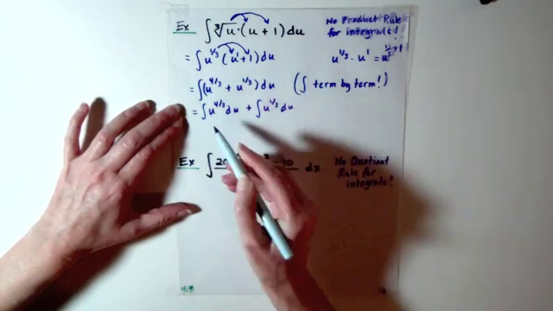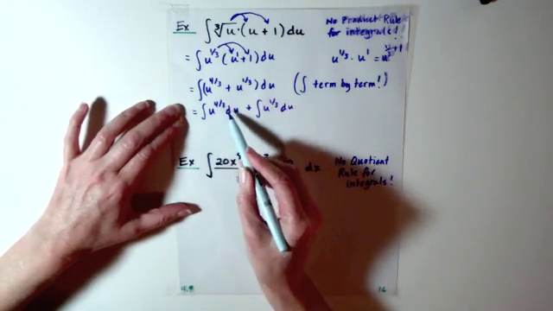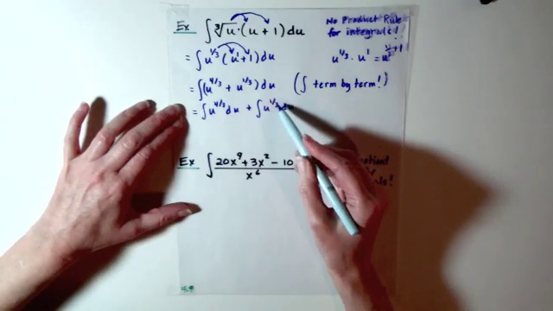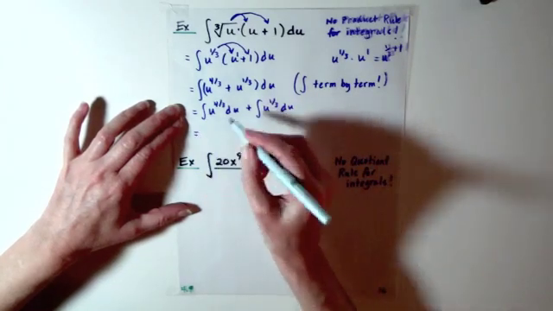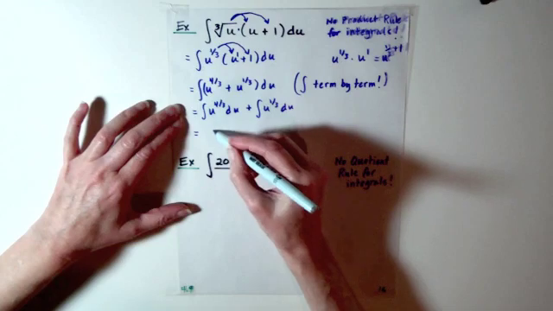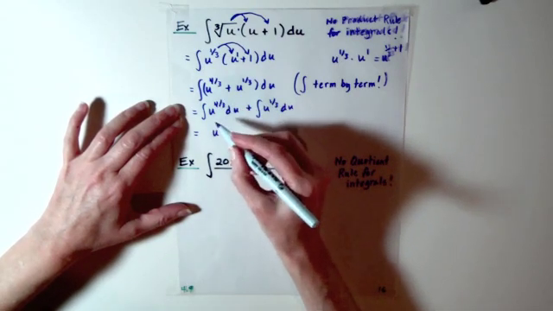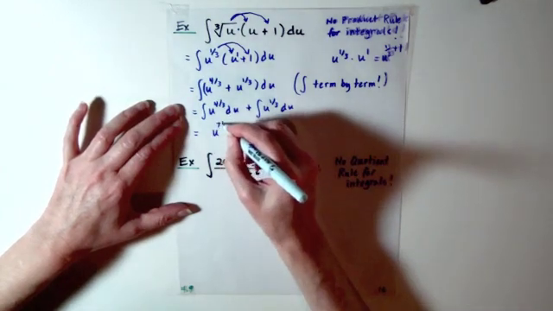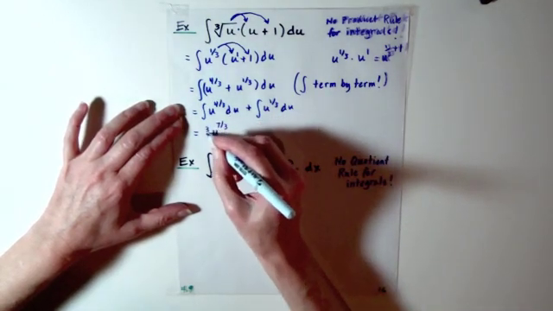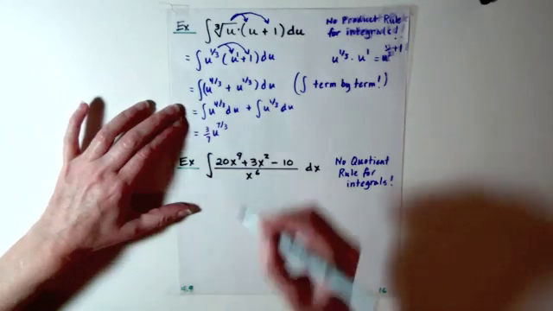I get to integrate term by term, so I'm doing the integral of u to the 4/3 du plus the integral of u to the 1/3 du separately. Here I get to use the power rule, so I'm going to add 1 to the exponent. 4/3 plus 3/3 would be 7/3. And I put the reciprocal of that new power out in front.